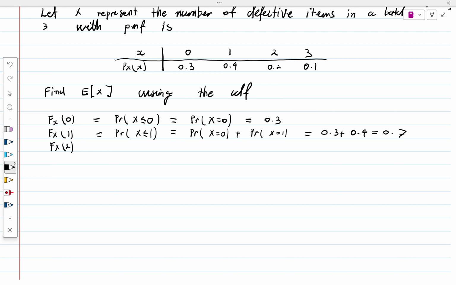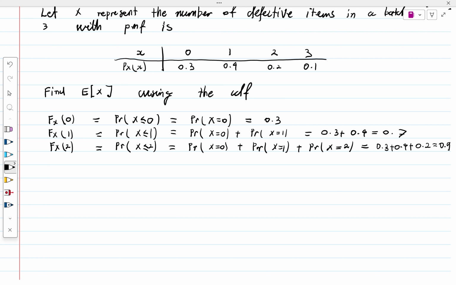F_X of 2, by definition the probability that X is less than or equal to 2, is the probability that X equals 0 plus the probability X equals 1 plus the probability X equals 2, which is 0.3 plus 0.4 plus 0.2, which is equal to 0.9.